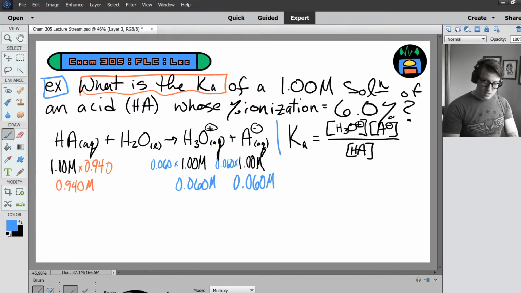And now that we know the two concentrations in our numerator and the concentration in our denominator, we can calculate a value for Ka by plugging these numbers in.